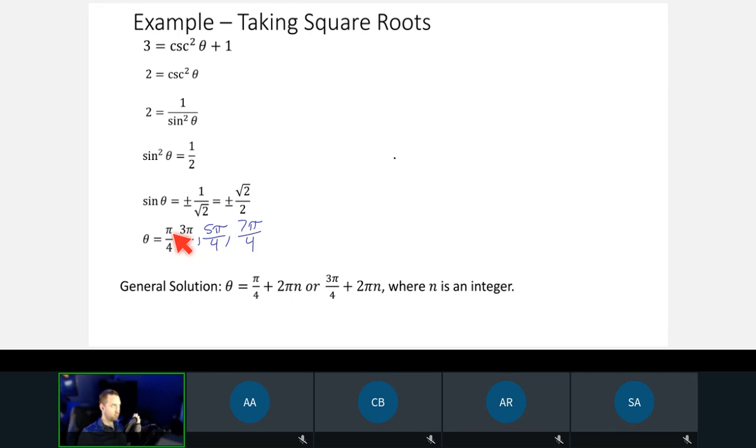But because pi over 4 and 5 pi over 4 is a half a rotation apart, and then 3 pi over 4 and 7 pi over 4 are also a pi rotation apart, we could actually rewrite these answers as just pi over 4 plus pi n and 3 pi over 4 plus pi n. And then that would satisfy these angles right here.